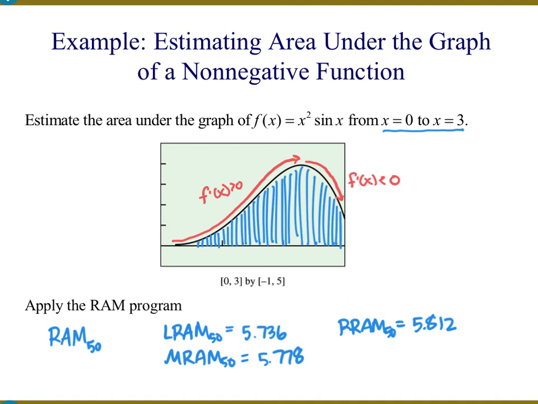But for the decreasing part, it would be the opposite. But because a majority of this function is increasing, we'll say that the LRAM is an under and the RRAM is an over. But the MRAM is going to be our best bet, our best option for this. Okay, if you have to justify why the RRAM is an overestimate or why the LRAM is an underestimate.